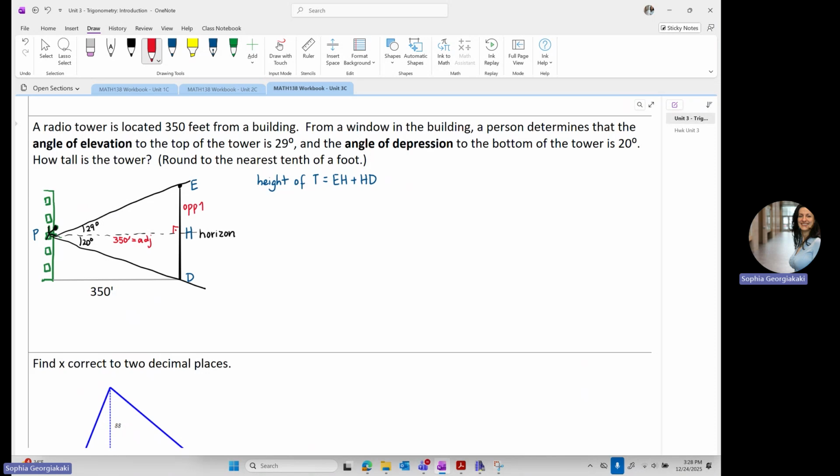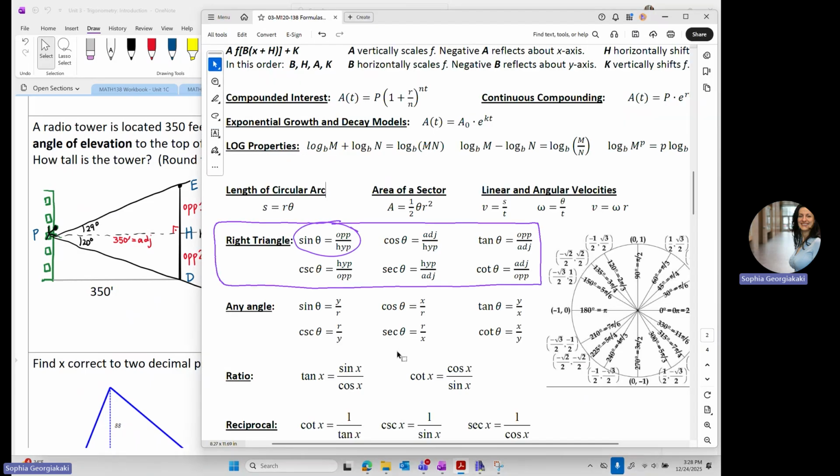Let's call it opposite 1 and opposite 2. So I'm going to use trigonometric functions that contain an angle, the adjacent, and the opposite. So I'm going to go in my packet, and that function will be the tangent that contains the angle, the opposite, and the adjacent.